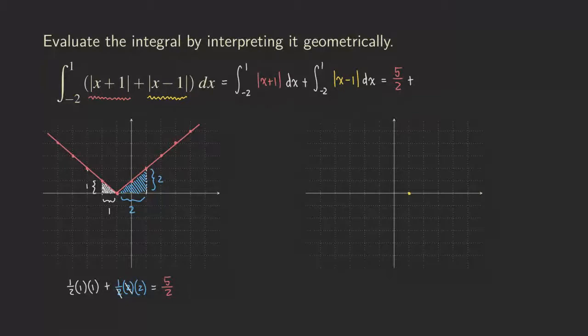So this point right here is the vertex, and now getting all the other points, we get this V-shaped graph here. So we get the graph of this function right here, and now let's look at the regions.